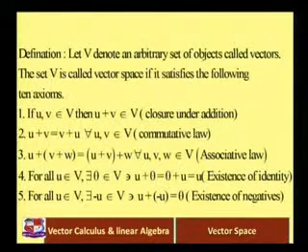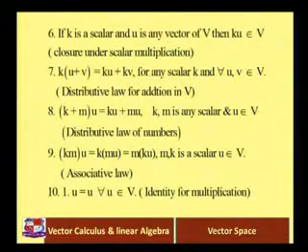So these 5 conditions are for addition, and the next 5 conditions are for scalar multiplication. Overall, the 6th condition is for any scalar k. Normally we take a scalar as a real number. If k is a scalar and u is any vector of V, then k into u, the scalar multiplication of k and u, belongs to V. It's called closure under scalar multiplication.